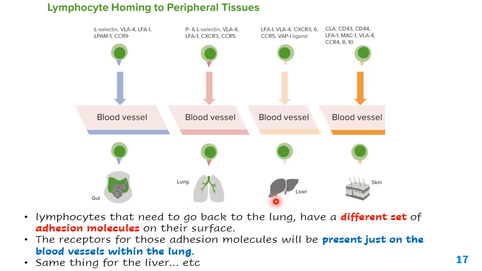So every tissue is going to have a specific type of protein expression in the blood vessel that is going to tell your lymphocyte that this is the place where it has to come out of the circulation. So it goes to the zip code, and now you're getting a lot of interaction. You're getting rolling, and you're getting stopping, and then you're going to go through extravasation, because from the inside of the blood vessel, everything looks the same, right?